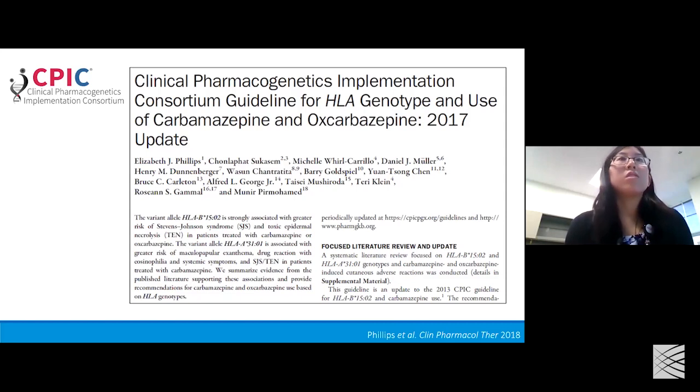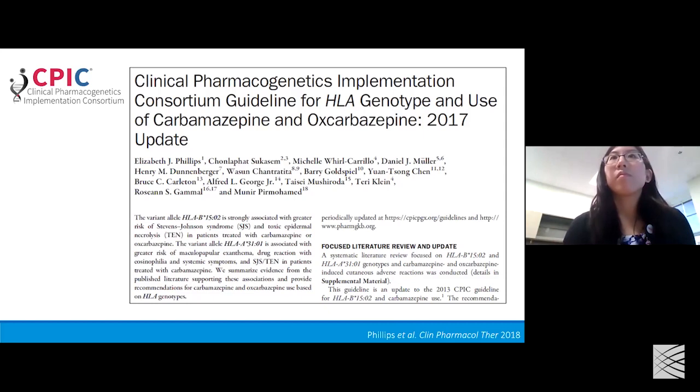This is one such example, looking at an HLA genotype and use of carbamazepine, where there is a concern for cutaneous side effects.